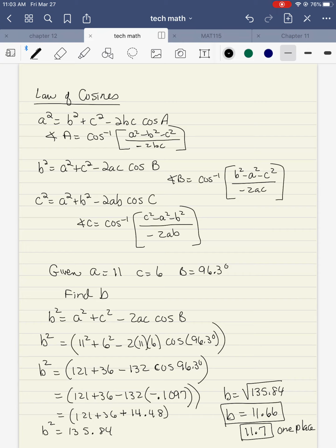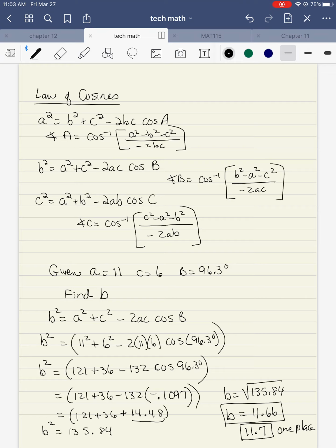So 11 squared is 121, 6 squared is 36, 2 times 11 times 6 is 132, but still a subtract. When I take the cosine of 96.3, that gives me a negative 0.1097. So a negative 132 times a negative 0.1097 gives me positive 14.48.